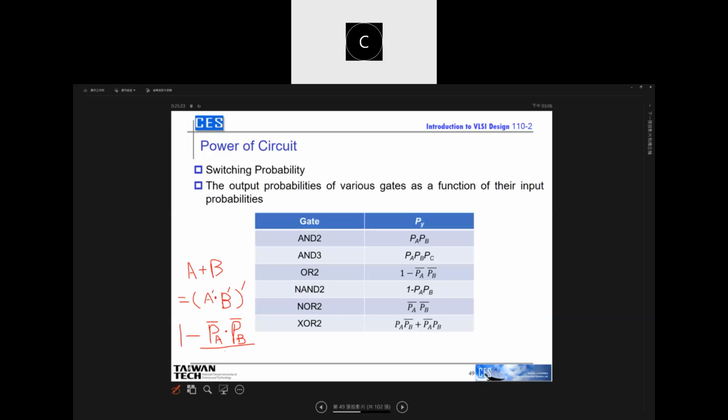For example, if this probability is 10%, then the inverse will be 90%, right? 100% minus 10% is 90%. So that's how you get this one here. The output probability for the 2-input OR gate will be 1 minus PA bar times PB bar.